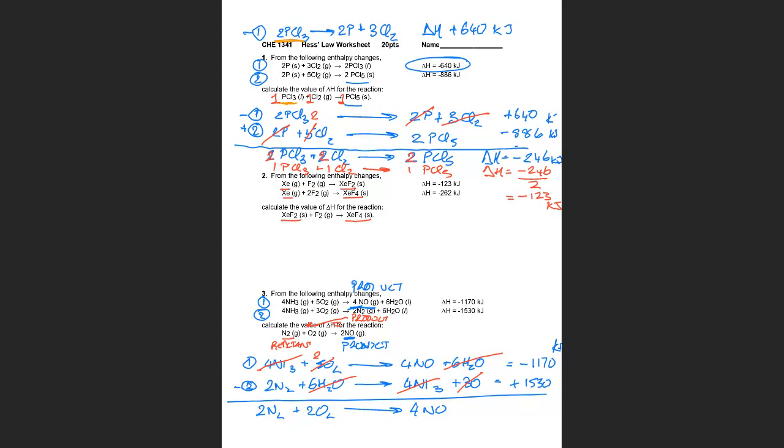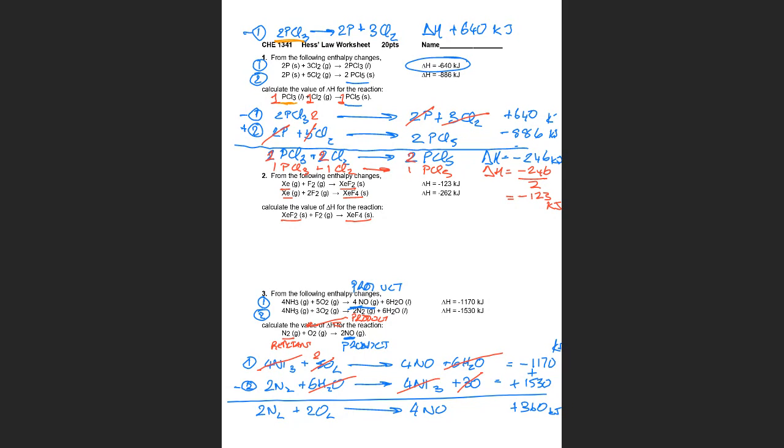I have two people saying a positive number. I'm taking a small, it's a big negative number, but I'm adding a bigger positive number to it, which means that my final answer goes positive to the value of plus 360 kilojoules.